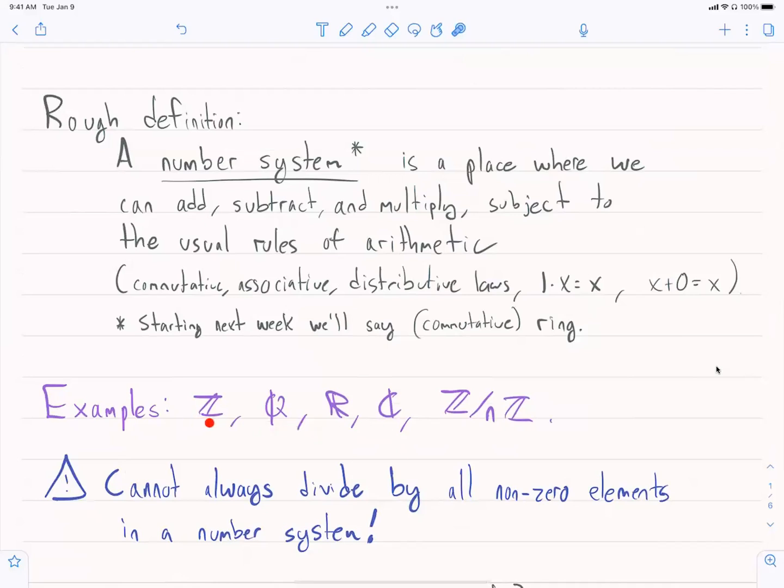But it's not true that you can divide by an arbitrary element in the integers. For example, if I try to divide by 2, 1 over 2 is not an integer anymore. So sometimes when you try to divide by 2, you leave the integers and end up in the rational numbers. When I say you can't divide in the integers, I mean you can't divide by any non-zero element and necessarily stay in the integers.